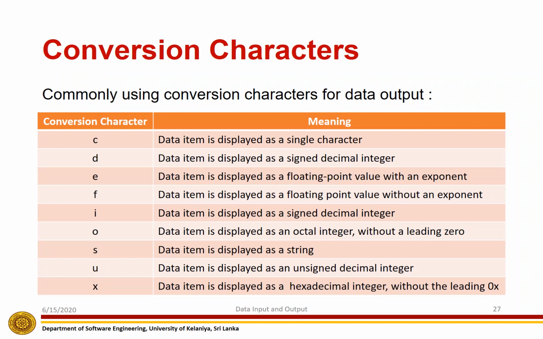Here you can see several of the more frequently used conversion characters for data output. First, %c displays a single character, %d signed decimal integers, %e floating point value with exponent, %f floating point value without an exponent, %i signed decimal integers, %o octal integers without leading zero, %s string, %u unsigned decimal integers, and %x hexadecimal integers without leading zeros.